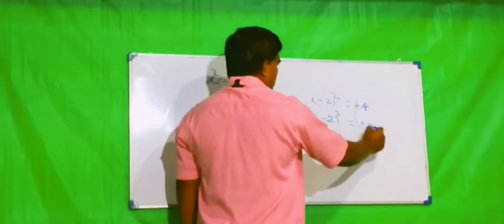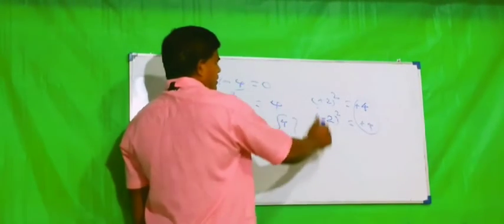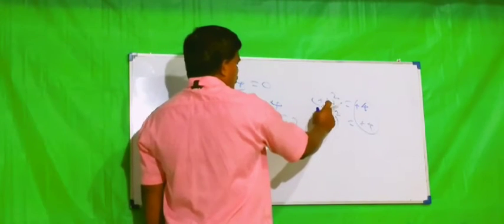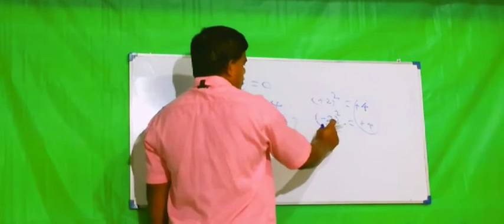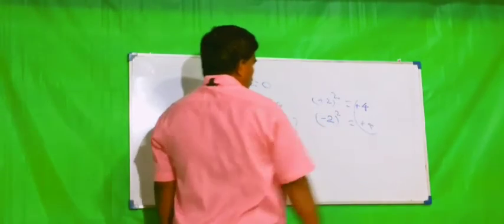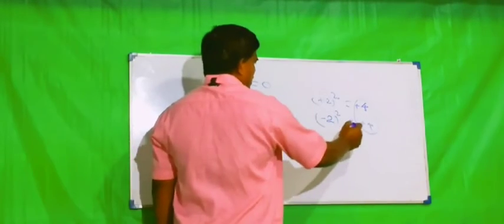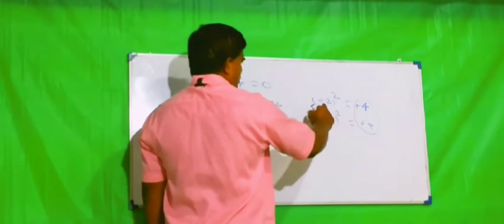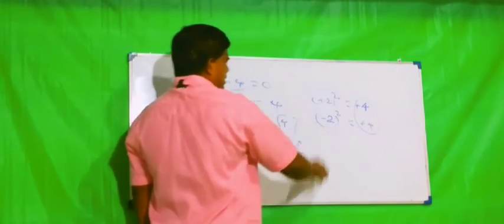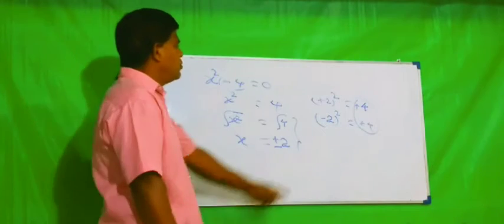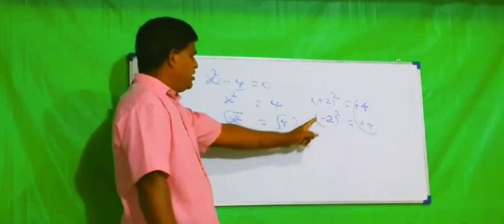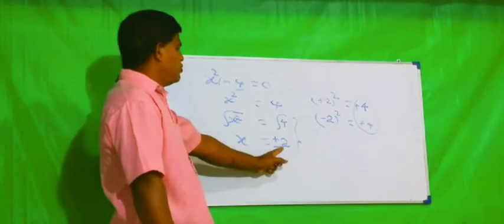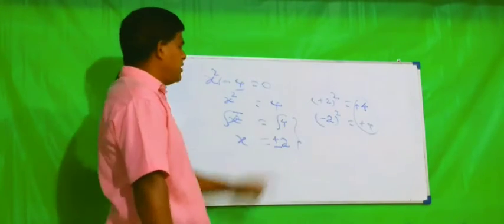Then the same answer is obtained by both. The square of plus 2 and the square of minus 2, the result is plus 4. That means for the square root of 4, plus 2 or minus 2 can be taken. This is the reason to take two values, plus 2 and minus 2, for the square root of 4 here.